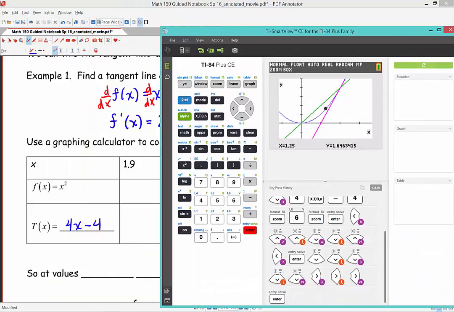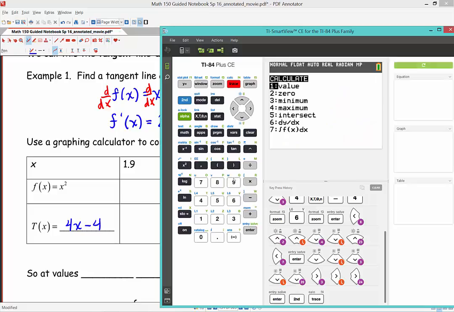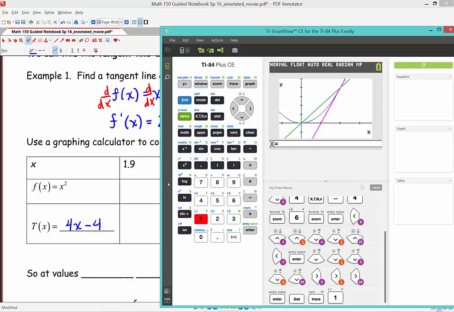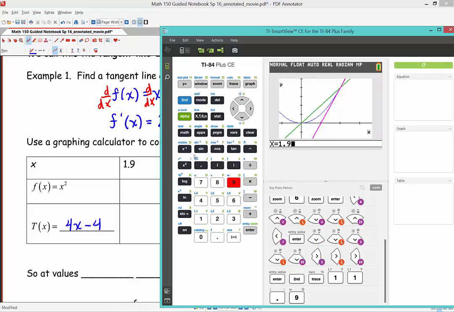I'm just going to go to second, calculate, value. And we'll calculate 1.9. And what we're looking to find is the first graph, which is x squared, so we get 3.61.